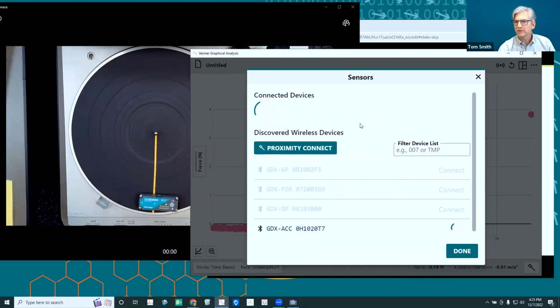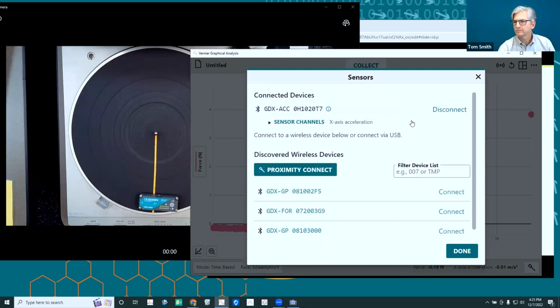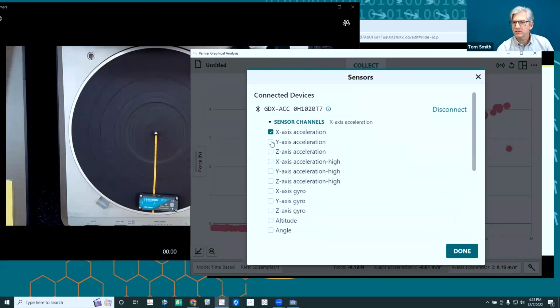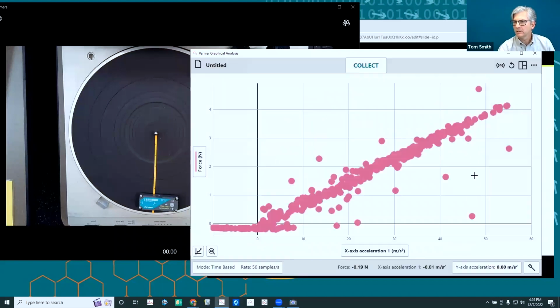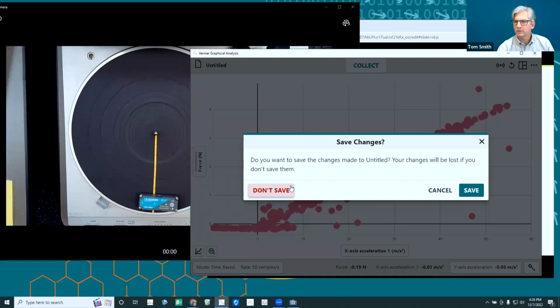I'm just going to activate the y-axis acceleration on this. So instead of the x-axis acceleration, we'll turn on the y and click on done. And we'll start a new experiment.